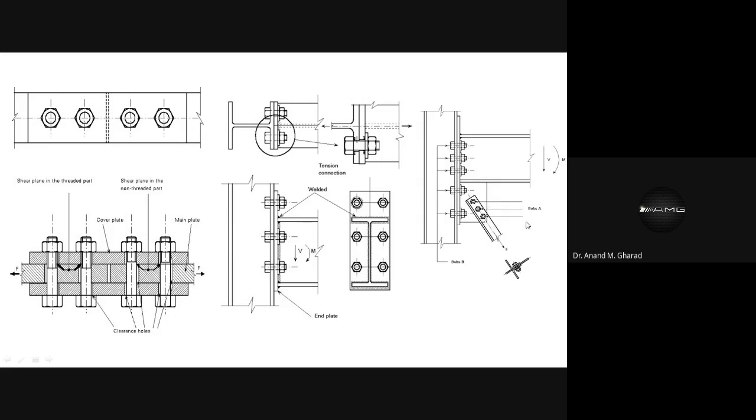The horizontal component of the force which will be transmitted in this diagonal member, that will create tension force in these bolts. Agreed. And to counteract the vertical shear force which is developed because of the end support, those will be balanced by the shear force which will be developed between these connections. Okay.